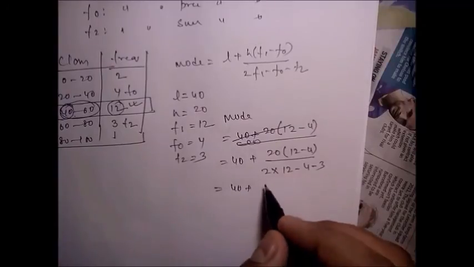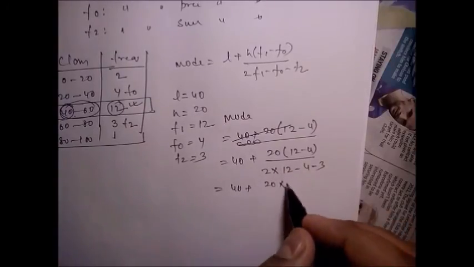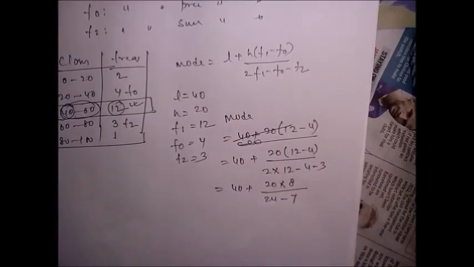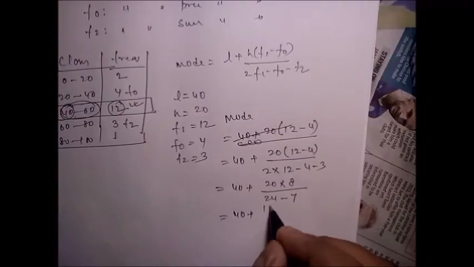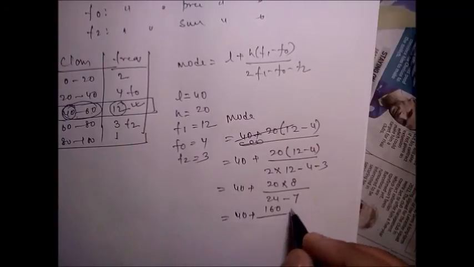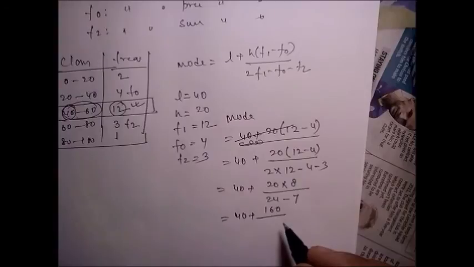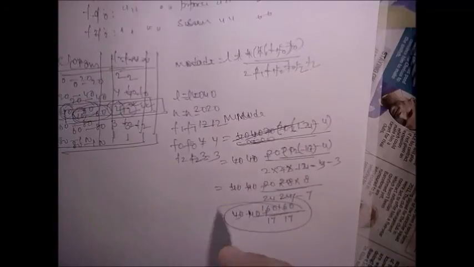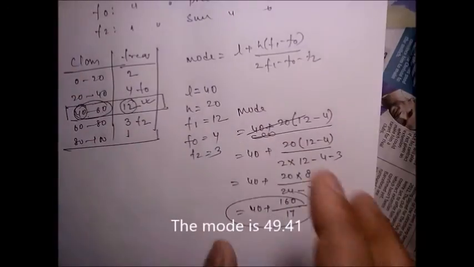So 40 plus 160 divided by 17. If you solve this, you get the mode.